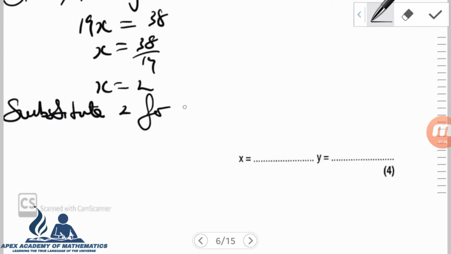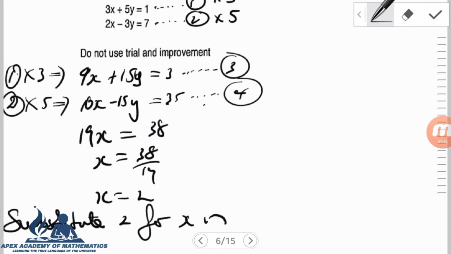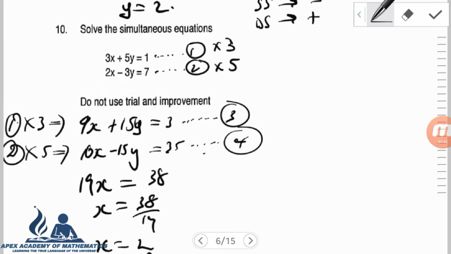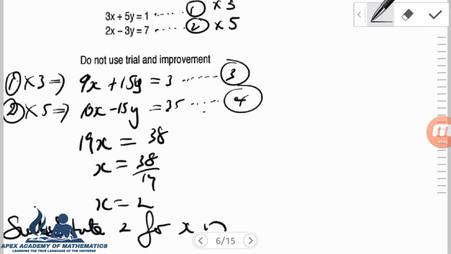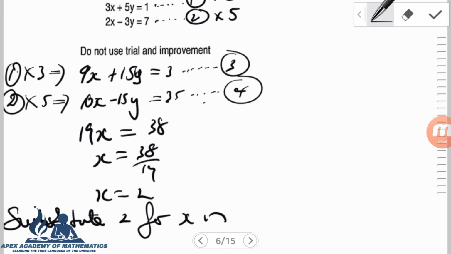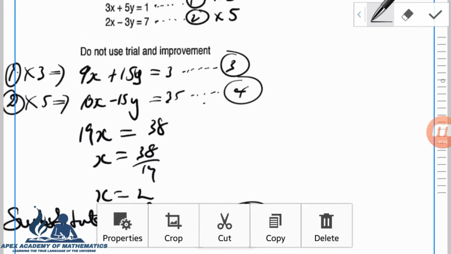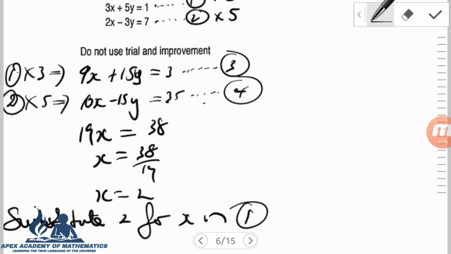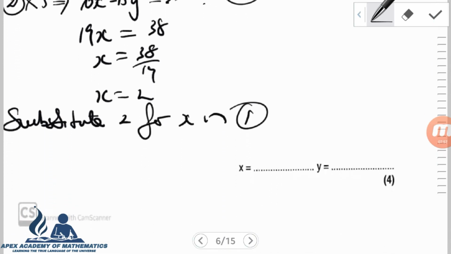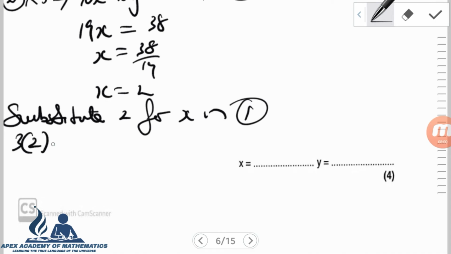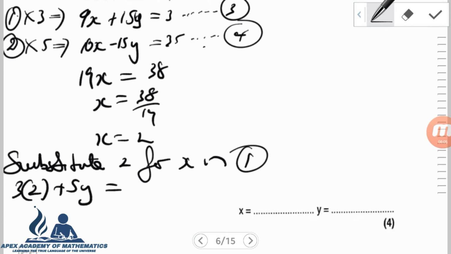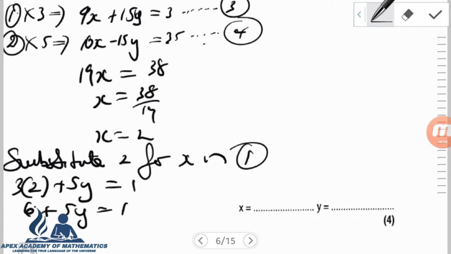So we're going to substitute 2 for x in equation 1. I like that one. Equation 1 is good. So 3x plus 5y, where x is 2. We have 3 times 2 plus 5y, so 6 plus 5y is equal to 1.